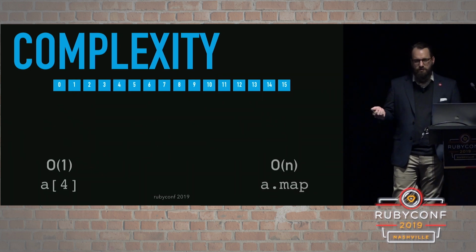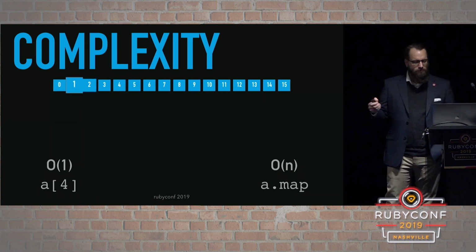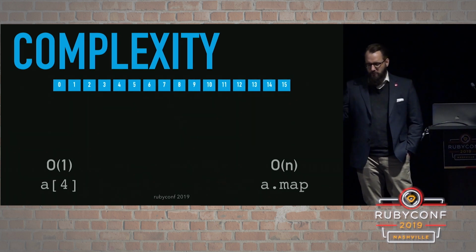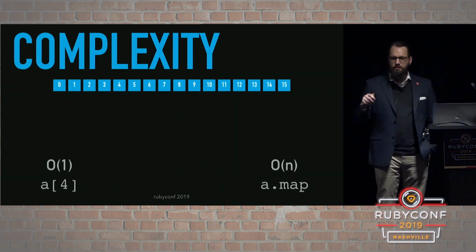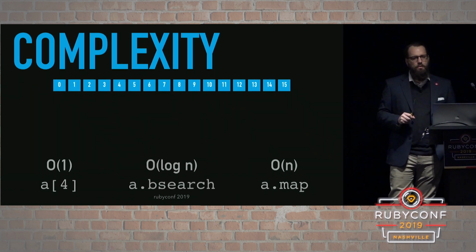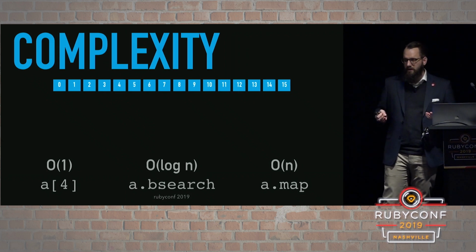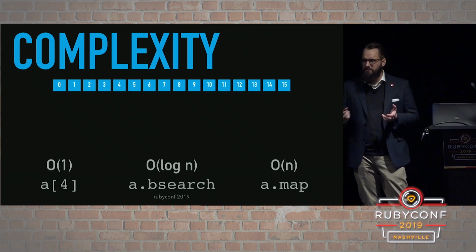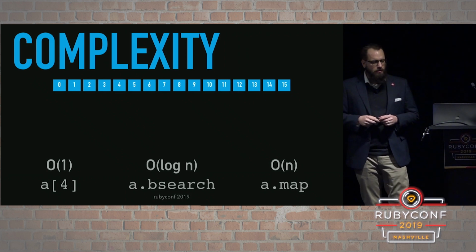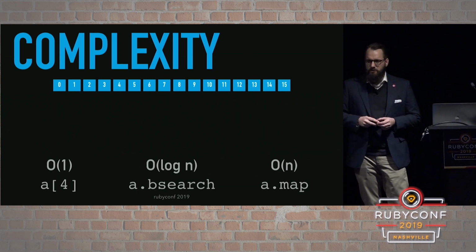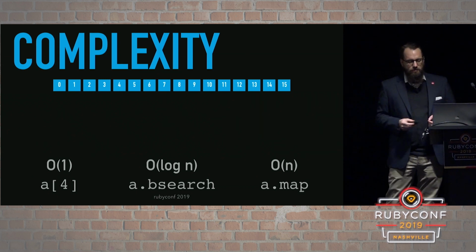And this is similar to doing a map. So you go through each of the things one after another. And so that's why it's O of n. And then somewhere in the middle is O log n. And actually, there's a function called bsearch on array in Ruby, which I'm sure not many people use. But it's there, and you can use it.